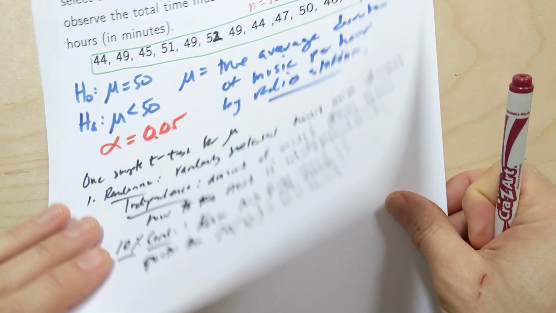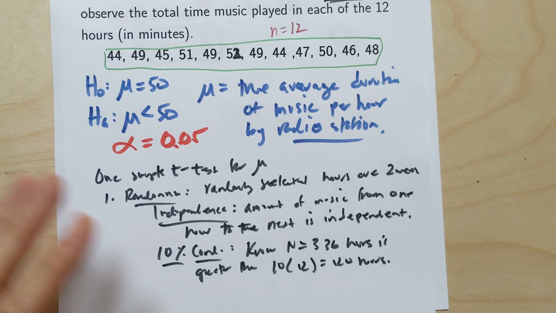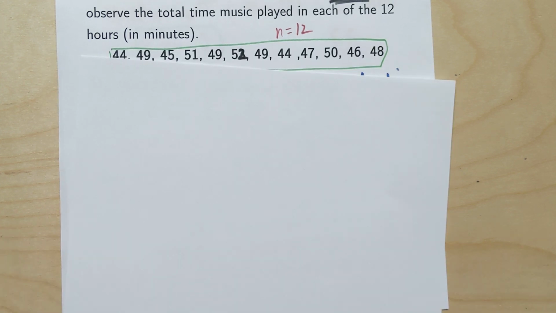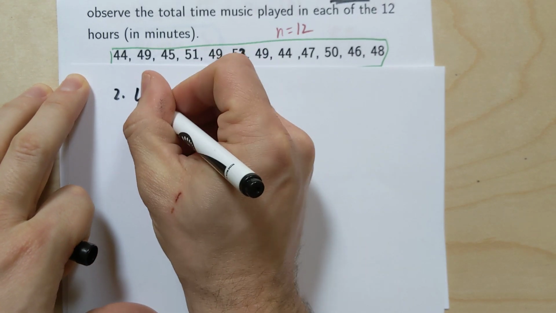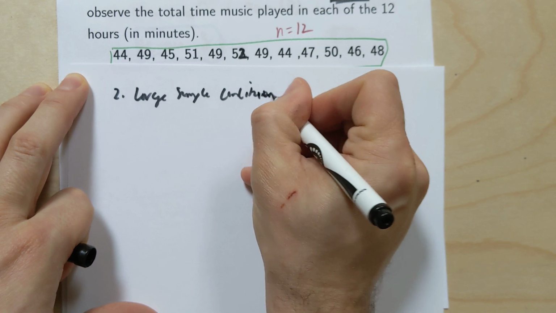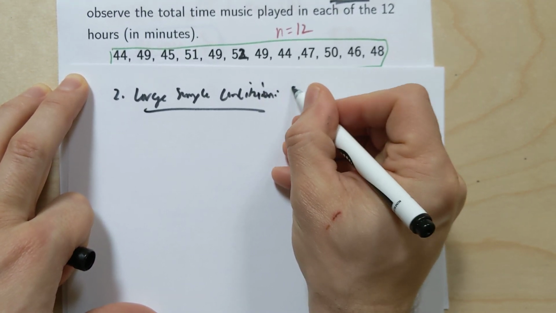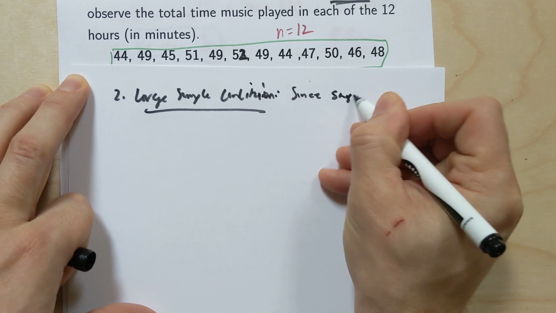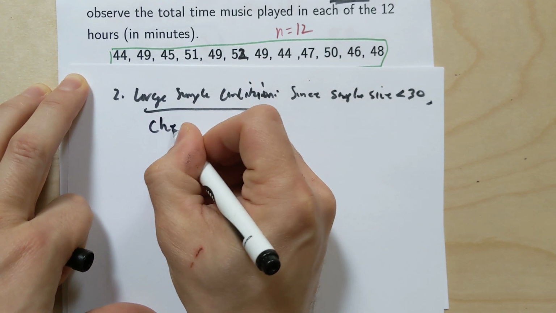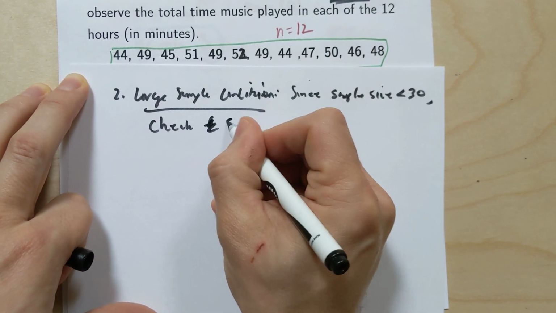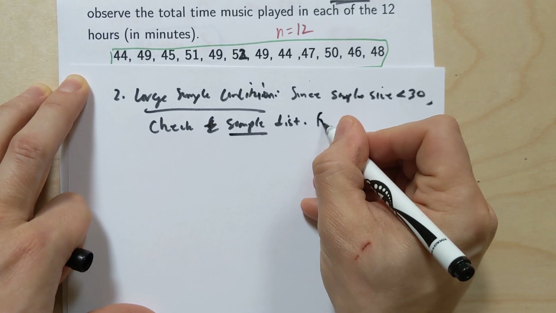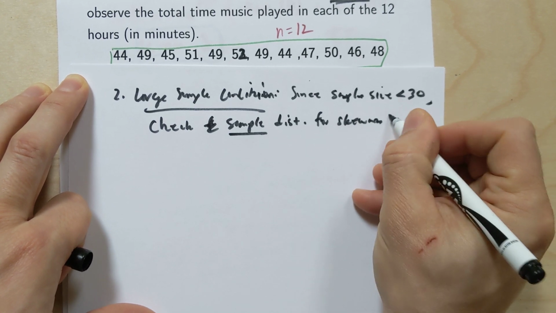And so maybe I'll go to the next page. Let me get another blank piece of paper, and I'll check this last condition where I have a little bit more space. So, to check the large sample condition, not large counts, but large sample, I'll say: since my sample size is less than 30, I need to check the sample distribution, not the sampling distribution, but the sample's distribution, for skewness and outliers.